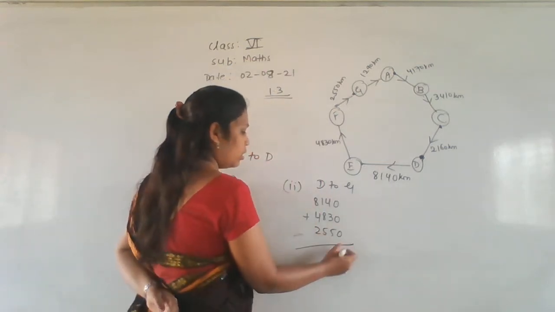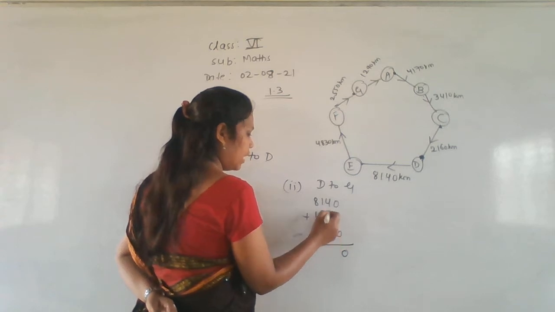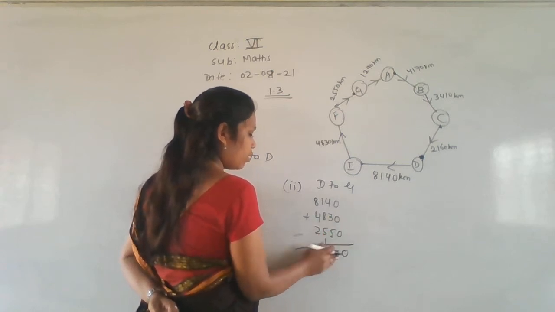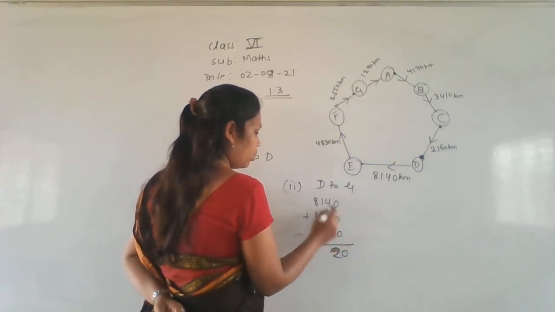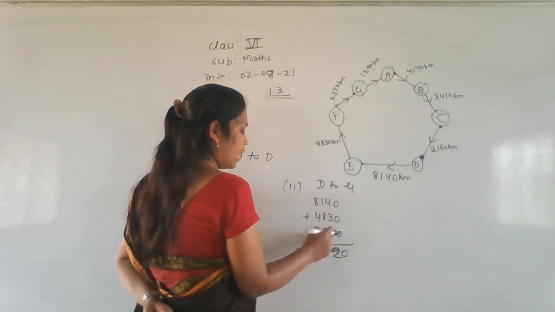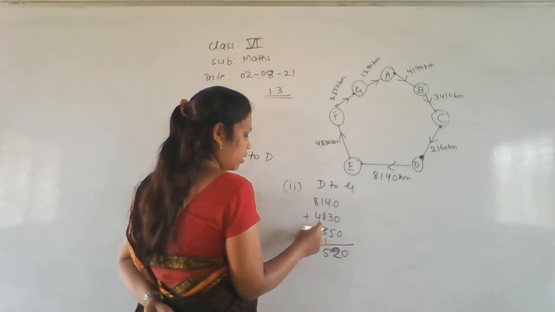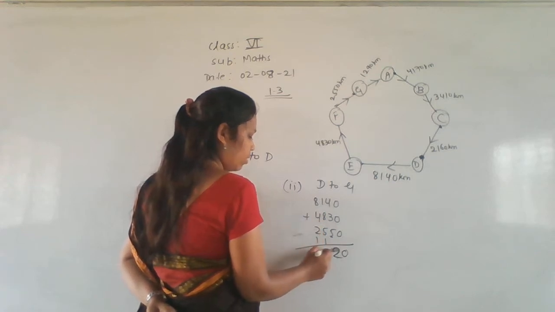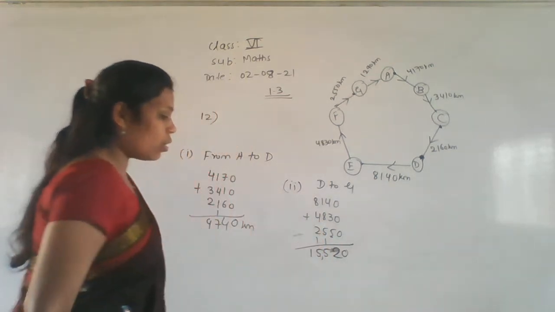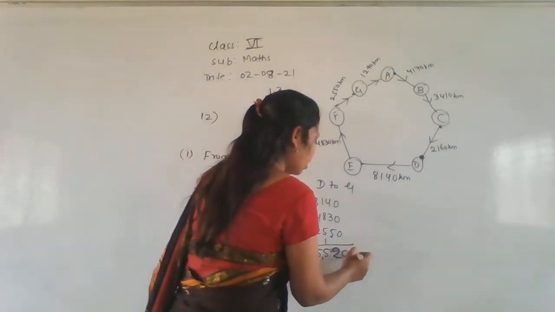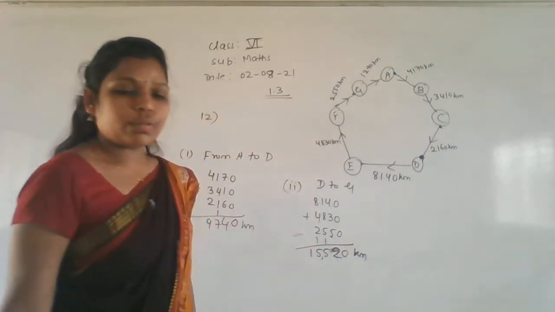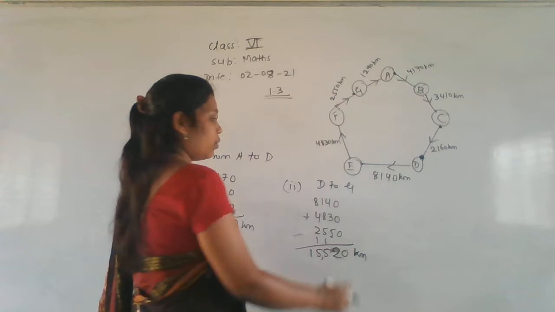Add those values. 0, 5 plus 3, 8, 8 plus 4 is 12. Next 9, 9 plus 10, 15. Okay, so how much distance? 15,520 kilometers, right? So now go with the third question. What is the third one here?